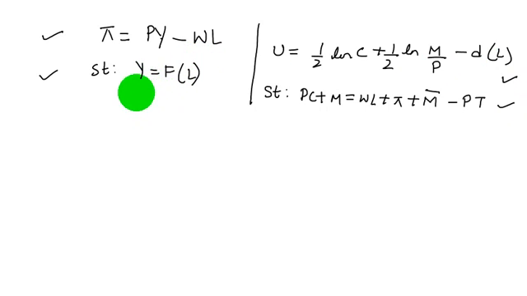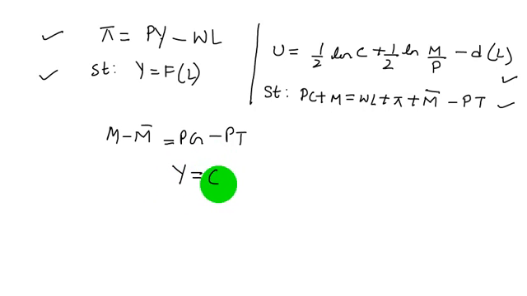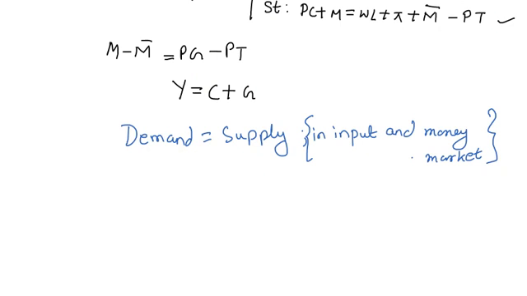Government's demand for final goods is given by M minus M bar equals PG minus PT. Private demand of the final good plus government demand equals supply of the final good, that is Y equals private plus government demand. Demand equals supply in the input market and money market. The market clearing conditions in the labor market and money market give us the equilibrium.